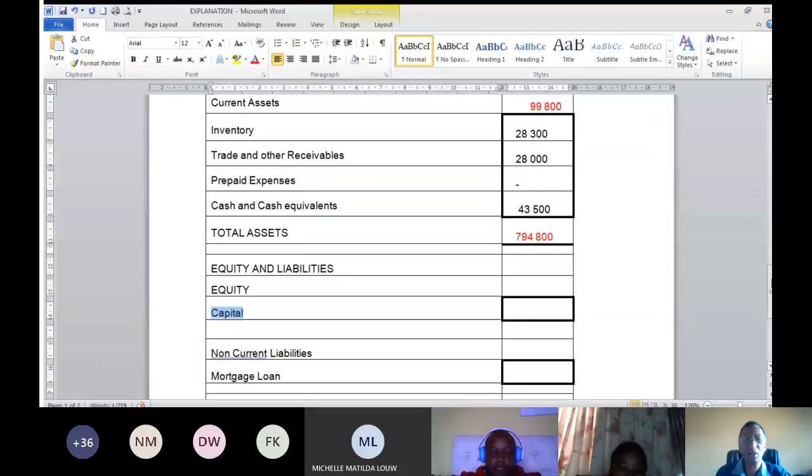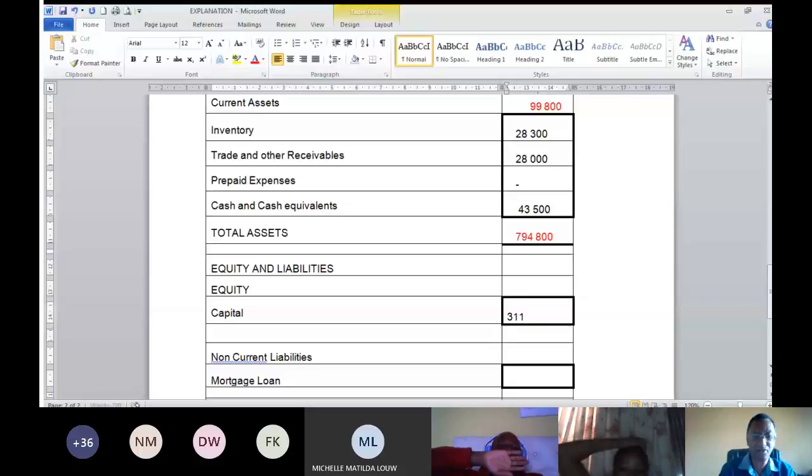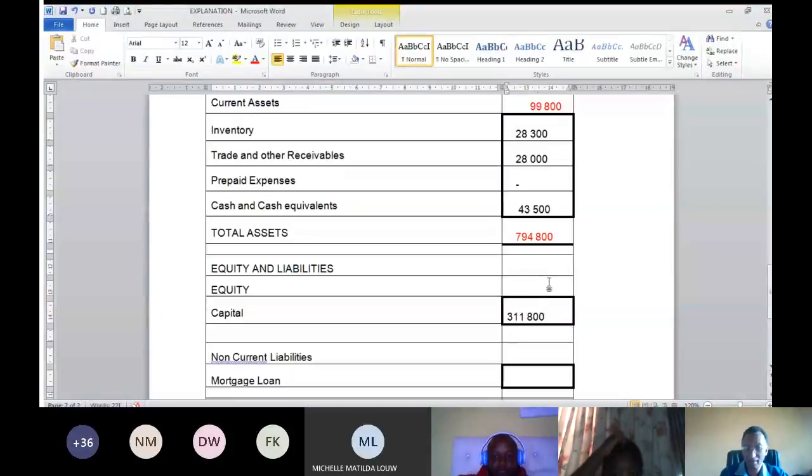And that amount of capital was 311,800 rand. We block that and we put that down as our capital amount. Capital is also our equity amount, 311,800.